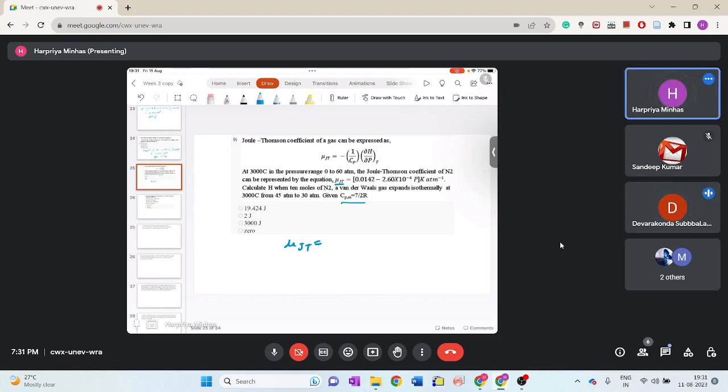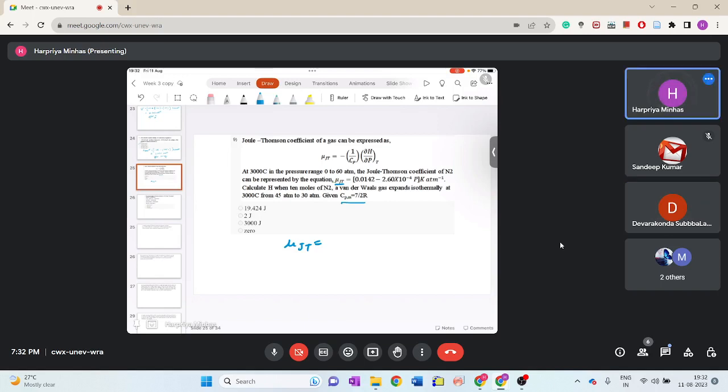So the delta T value turns out to be 0.06675 Kelvin. Once we know the delta T value, we can substitute in delta H. Delta H is equal to minus n Cp into delta T, because delta H is equal to minus Cp into mu JT into dP, and mu JT into dP becomes delta T now.